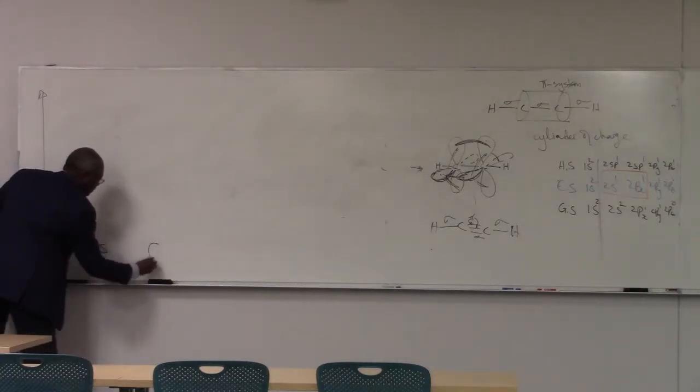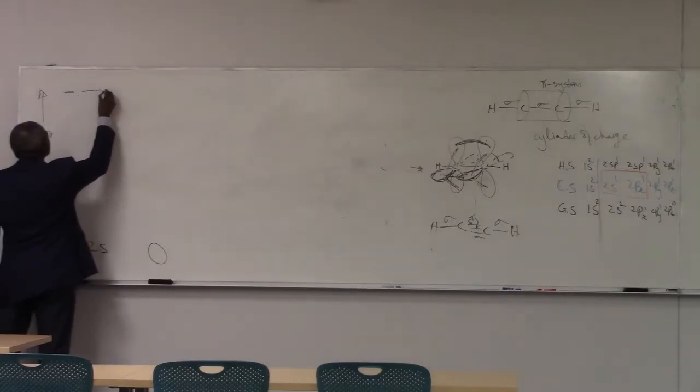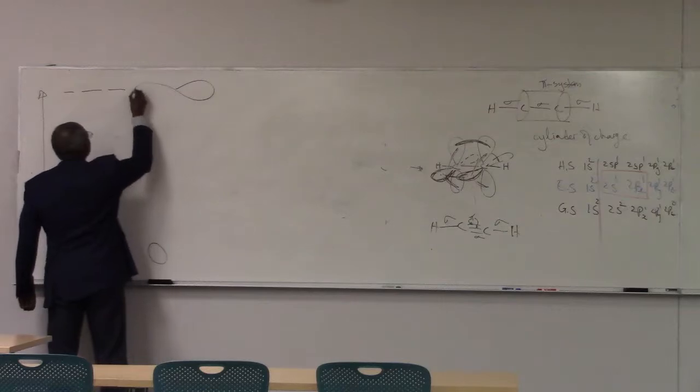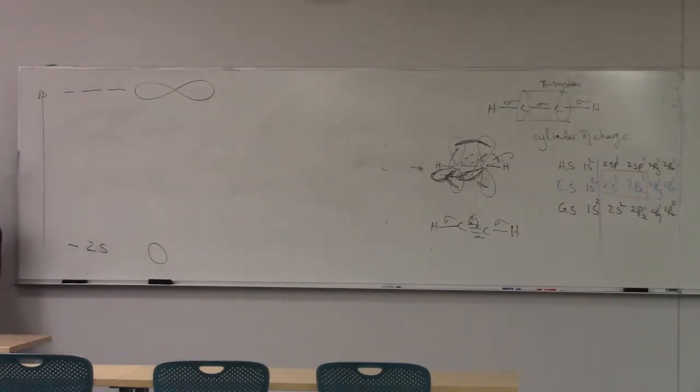Draw it like this. Here is my 2p. Here are my 2p's. I'm going to draw the 2p like this. If I break up this distance into quarters, quarter, quarter, so this is 75.